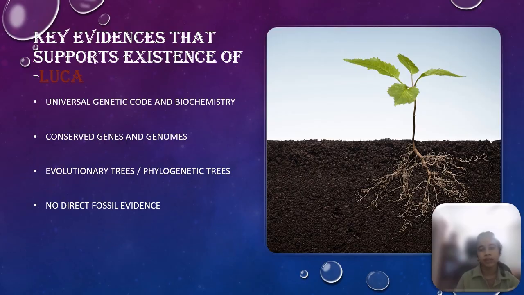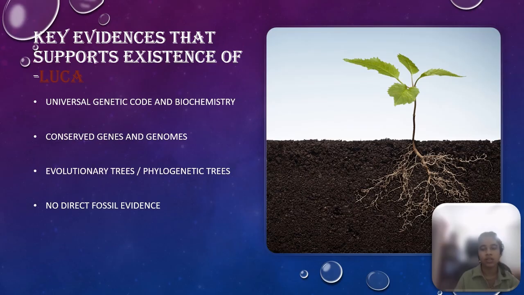The evidence from phylogenetic trees provides us with information that there is a presence of a single ancestor for all domains, with the identification of these conserved genes. The other key aspect is that you don't have any fossil evidence directly for LUCA.